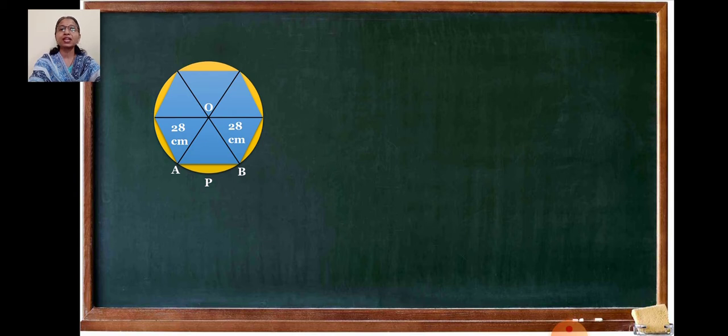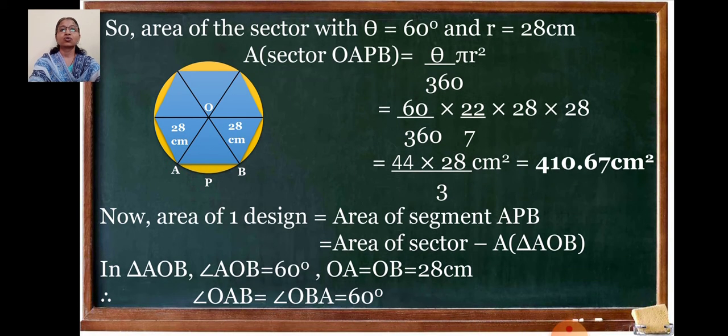So first of all, let us find out the area of sector OAPB. The area of sector with theta 60 degree and radius 28 centimeter is equal to, formula is theta divided by 360 into pi r square. Now substitute the value of theta. Theta is 60 degree divided by 360.